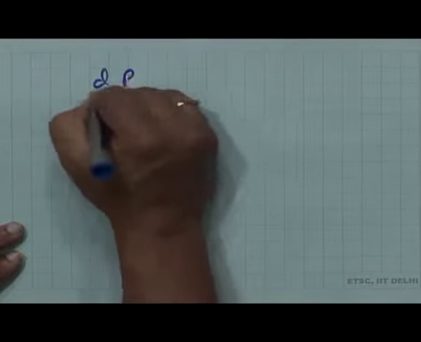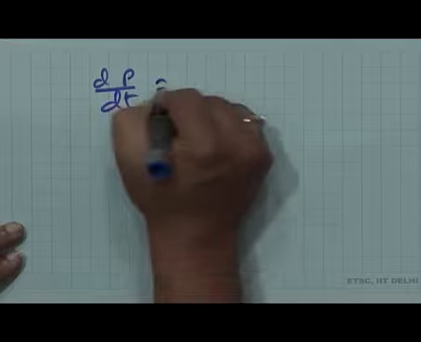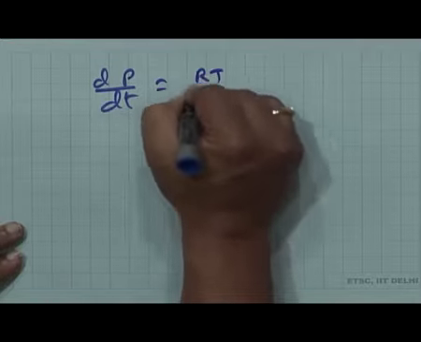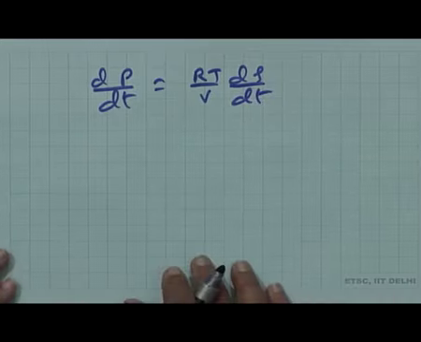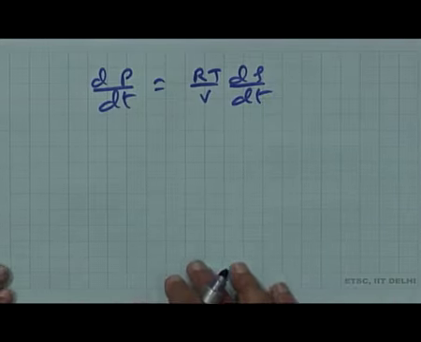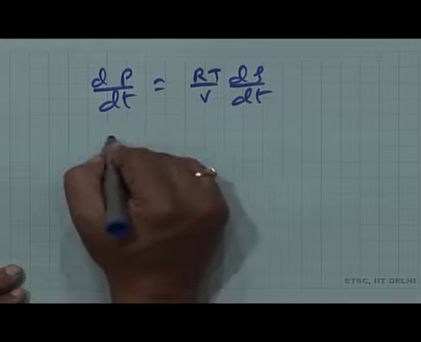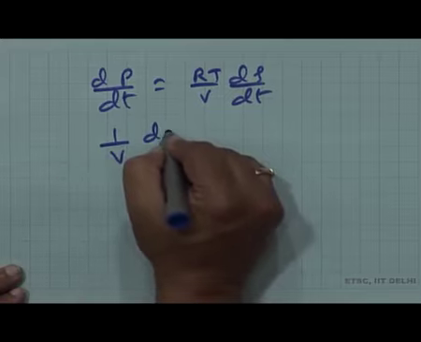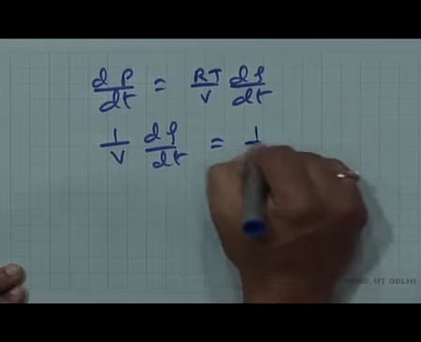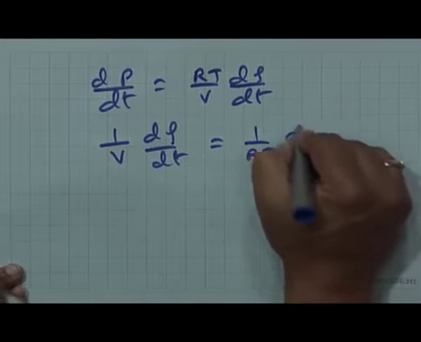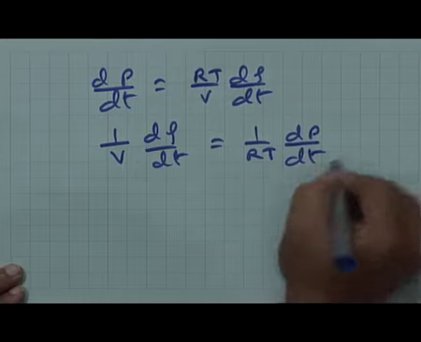So, what we just had was dP over dT is equal to RT by V times d xi over dT. Hence, I can say that 1 by V d xi over dT is equal to 1 by RT dP over dT.